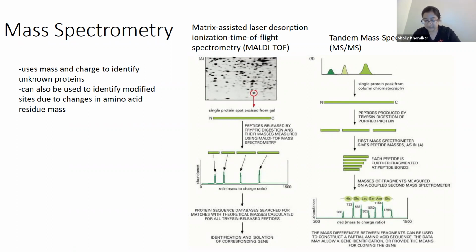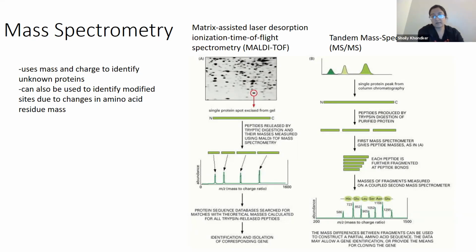This leaves peptide fragments in the form of a ladder, where each peptide fragment differs by a single amino acid. The second mass spectrometer then separates these smaller fragments and detects their masses. So the difference in mass between these fragments is the mass of a single amino acid. These masses can be used to deduce the amino acid sequence in this way.